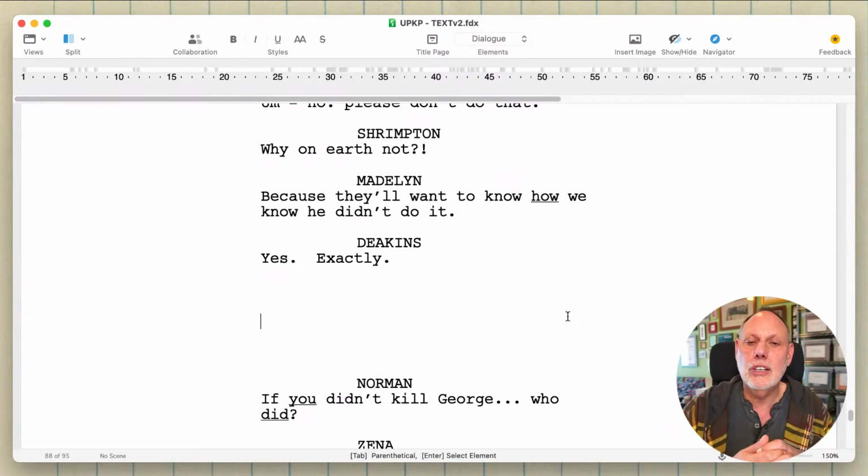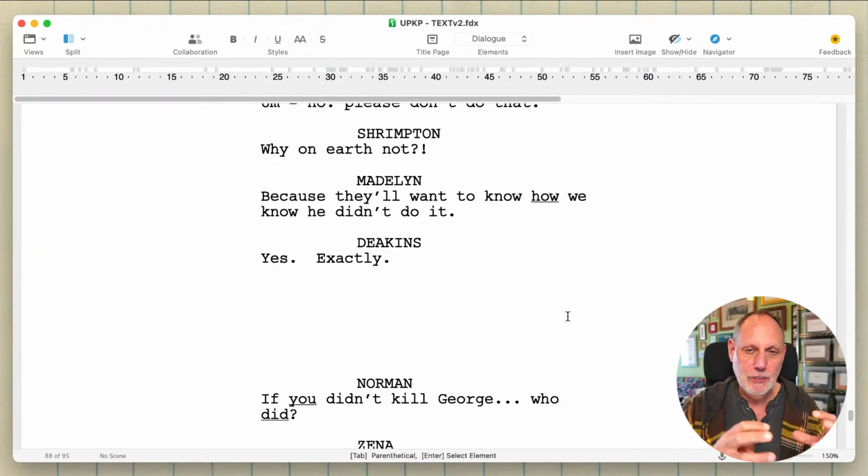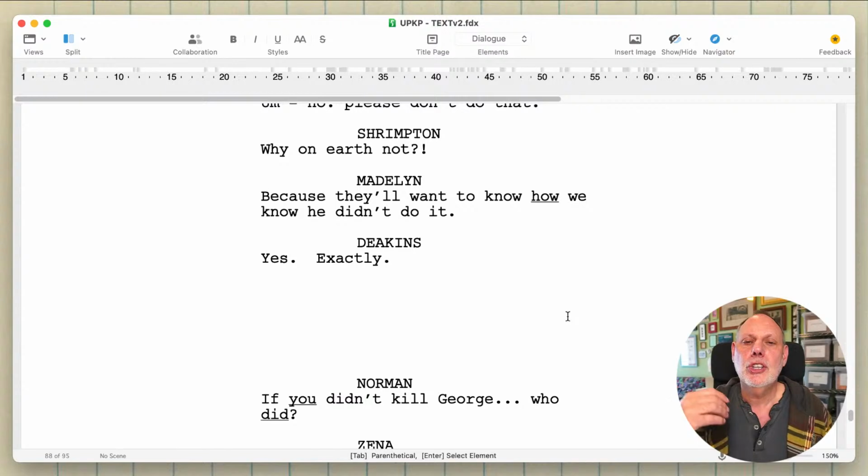But the truth is, a script, they want to move really fast. And the other truth is, if you are describing the physical setting, if you are describing what people are doing, you are wasting the reader's time, because the reader is a professional who knows that that's not going to stick. Other people are going to redesign all that.